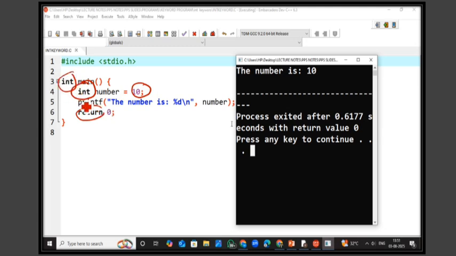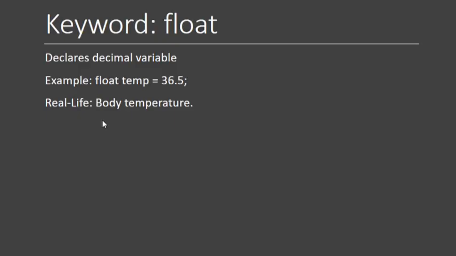All the keywords are written in lowercase letters and highlighted in the program. No need to worry about the logic of this program. I am just explaining how you are going to write the keywords in your program.